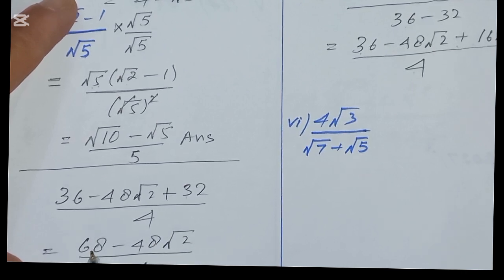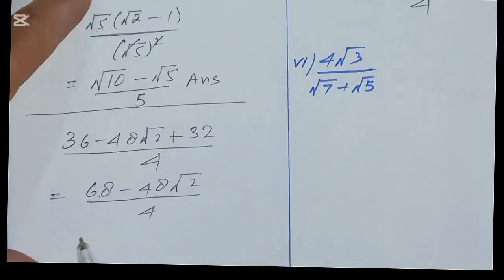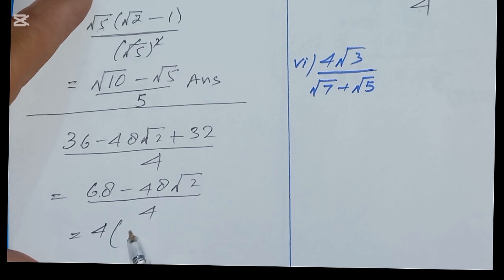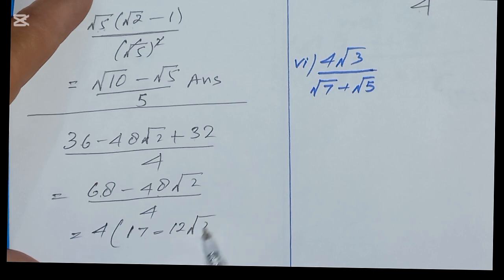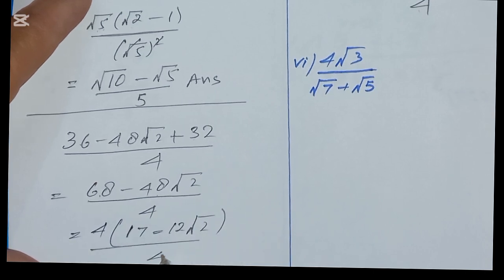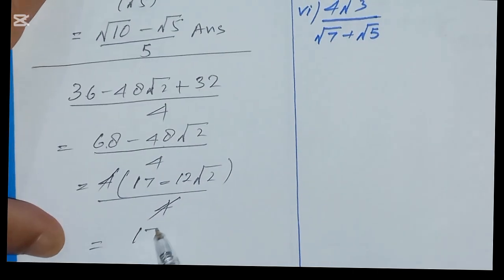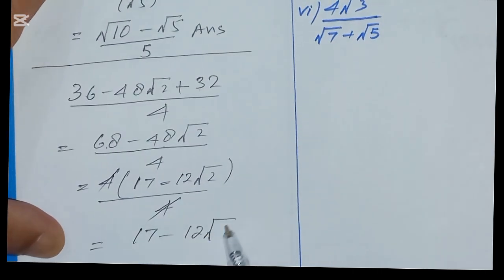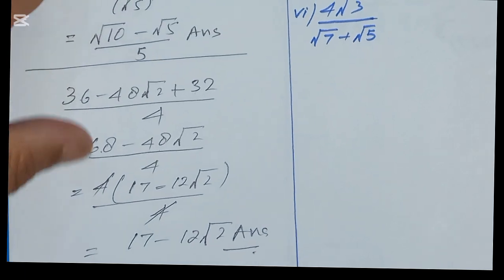Now 68 and 48 both are divisible by 4, so we take 4 common. So 4 17s are 68 and 4 12s are 48. 17 minus 12 under root 2 by 4. So this 4 cancels with this 4. So the answer is 17 minus 12 under root 2. This is the rationalized form of the third part.